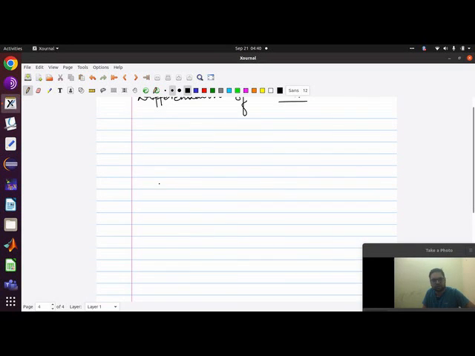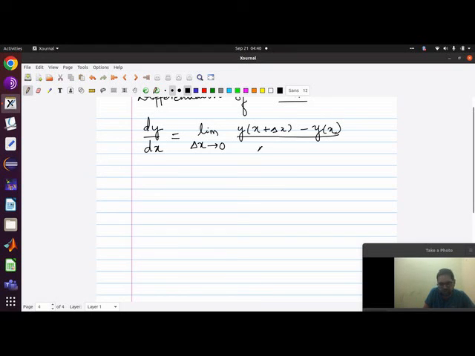Now, in the case of a scalar, we have dy by dx equals the limit as delta x tends to 0 of y of x plus delta x minus y of x, divided by delta x. This is our definition.